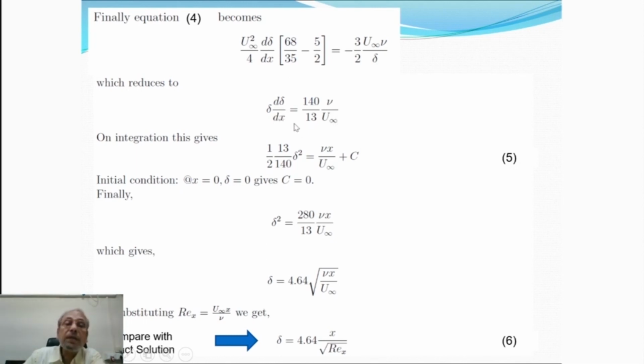On integration, we get basically this will give delta square by 2, and 13 by 140 we transfer to the left hand side. So half 13 by 140 delta square equal to nu x by u infinity plus integration constant c.